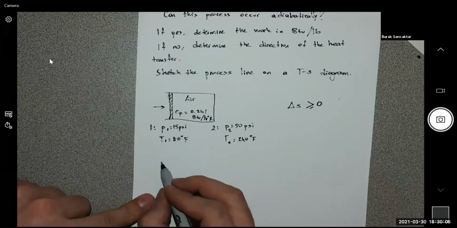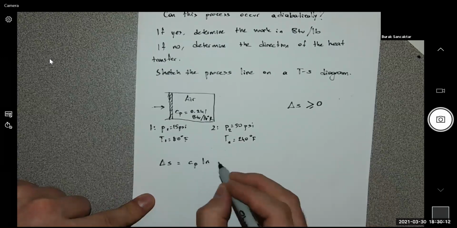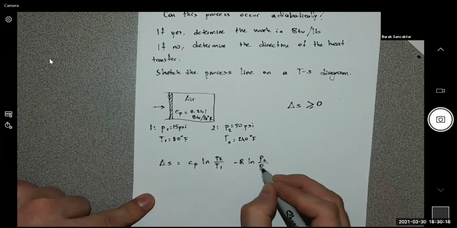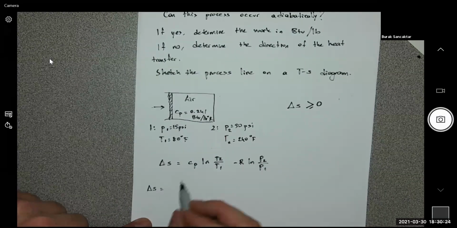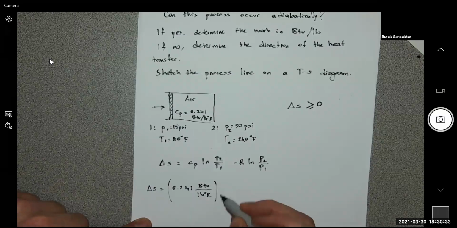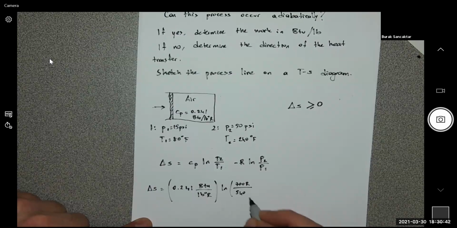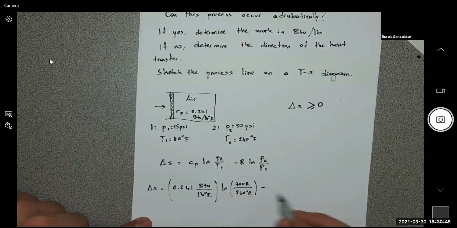So delta S, the entropy change for this problem from state 1 to state 2, equals Cp natural log of T2 over T1, minus R natural log of P2 over P1. Cp is given in the problem, 0.241 BTU per pound degree Rankine, natural log of the temperature ratio 700 degree Rankine over 540 degree Rankine. These are absolute temperatures.